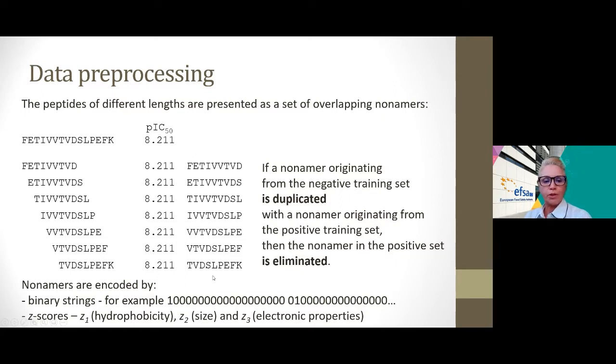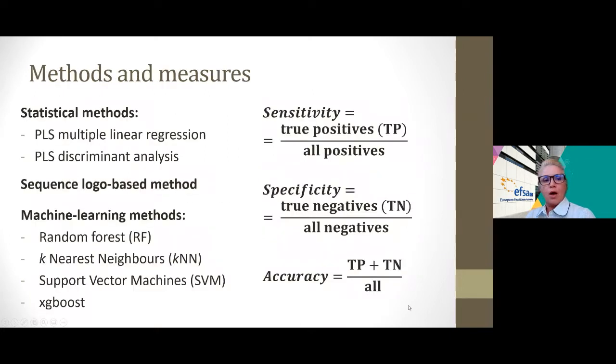Monomers were encoded by binary strings and by Z-scores. The Z-scores describe the main physicochemical properties of the amino acids like hydrophobicity, size, and electronic properties. Two statistical methods, one sequence-logo-based method and 4 machine learning methods were used in the analysis, like random forest, k-nearest neighbors, support vector machines, and XGBoost.